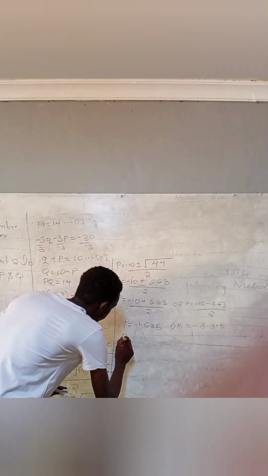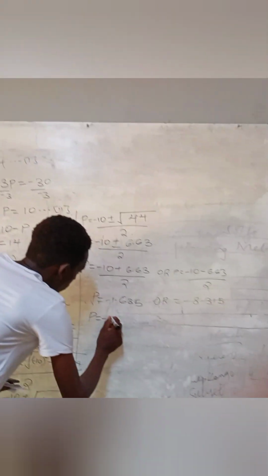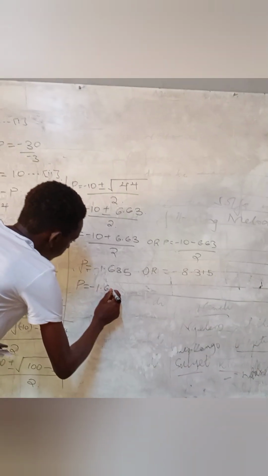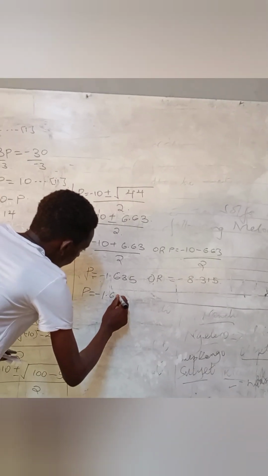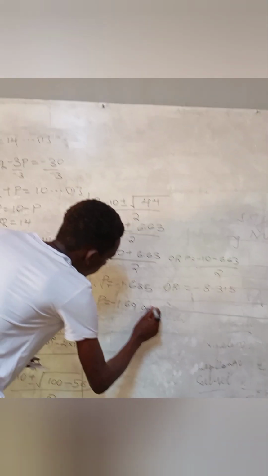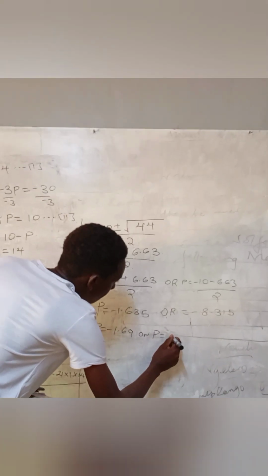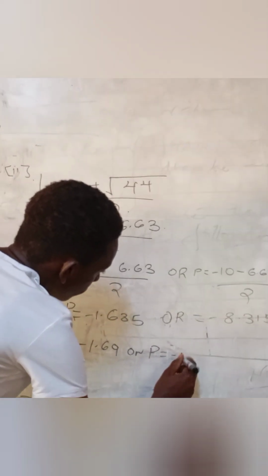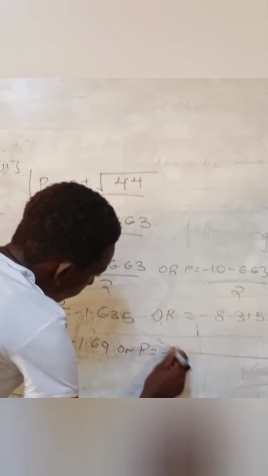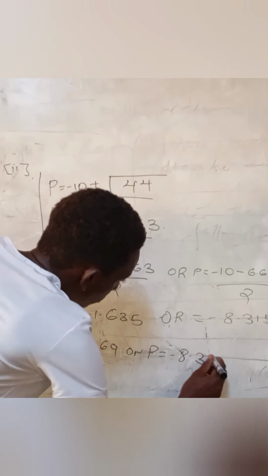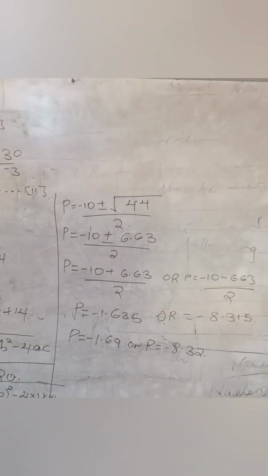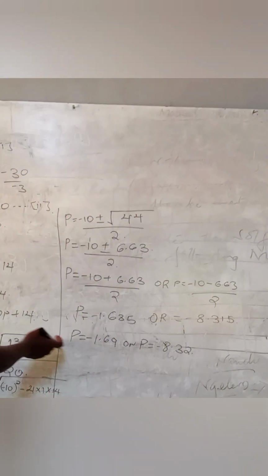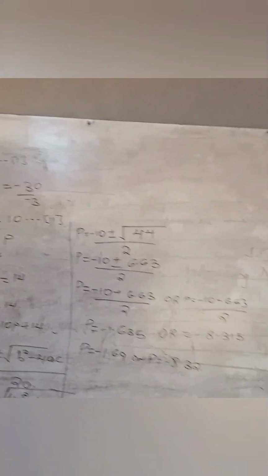So I will have p is equal to 8.32, or p is equal to 1.69. If I have the value of p, I can get the value of q.